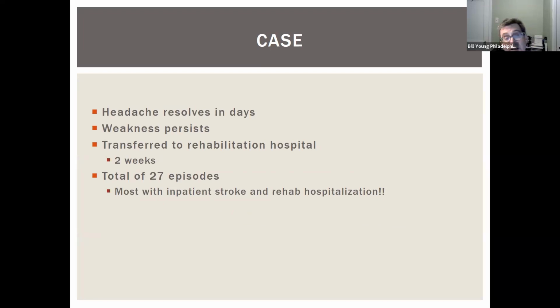17 times she got hospitalized for a stroke. And she would go to rehab afterwards because it took about 2 weeks of rehab before her hemiplegic weakness resolved.